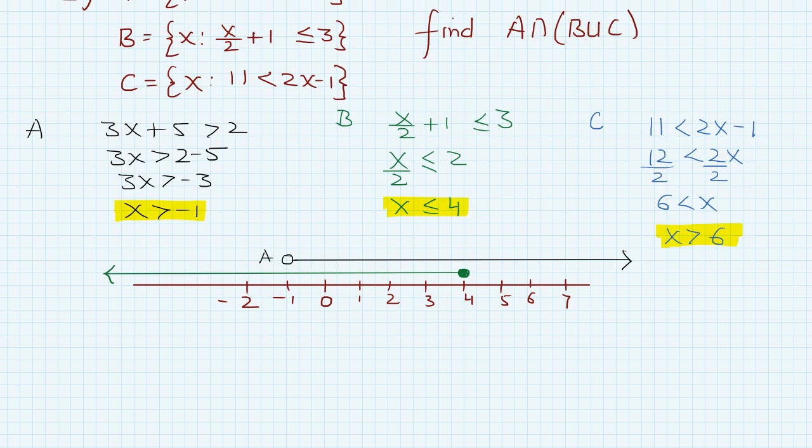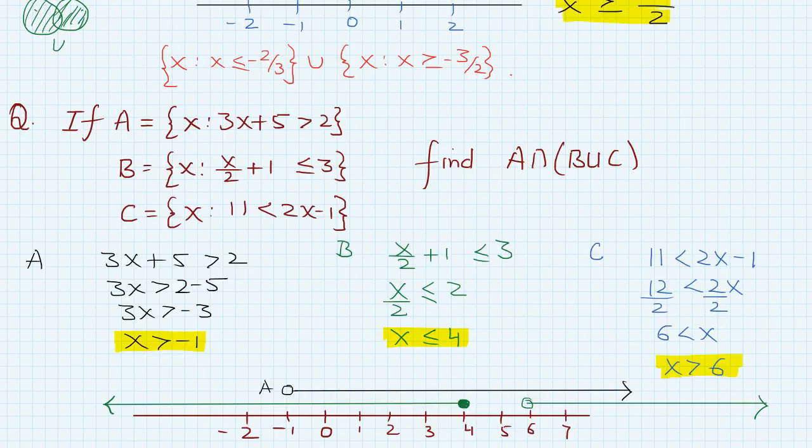And our next inequality is x is greater than 6. So greater than 6 means this is our inequality C. This is just greater than, so it's like this. Now this is A, this one is B, and this one is C.